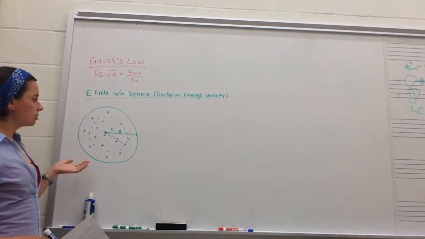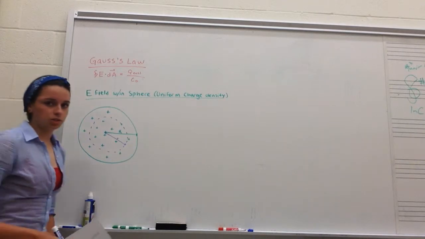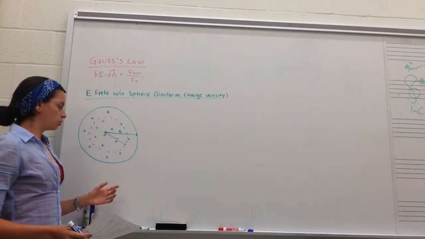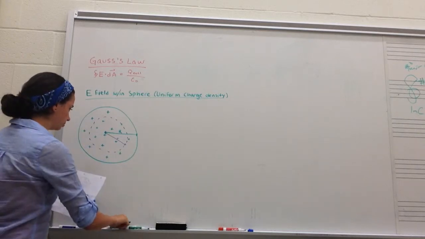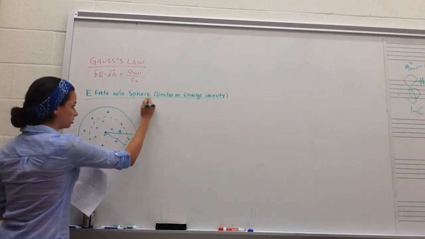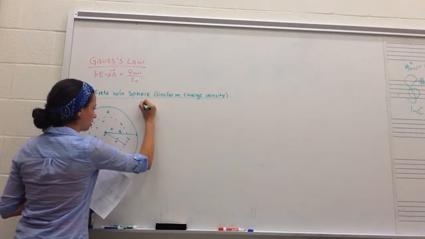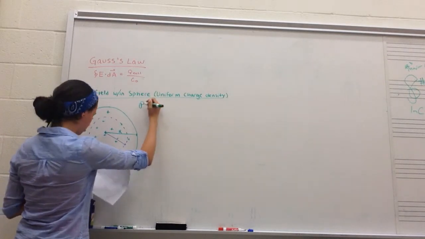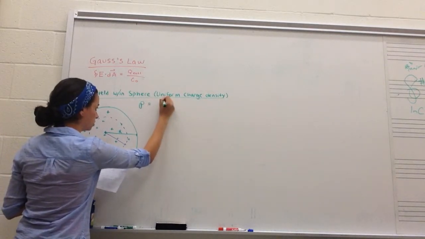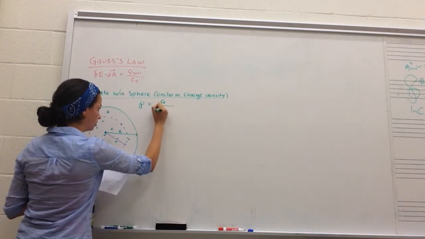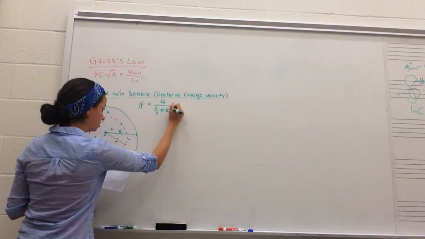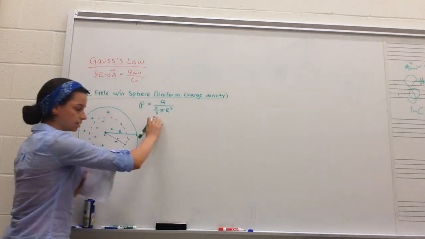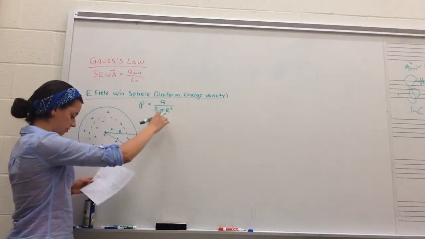Alright, so just like with the infinite line of charge, it's easiest to rewrite the total charge enclosed in terms of density. So I'm going to say that rho equals Q over 4/3 pi big R cubed. This is the surface area of a sphere.